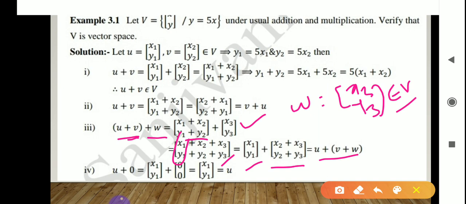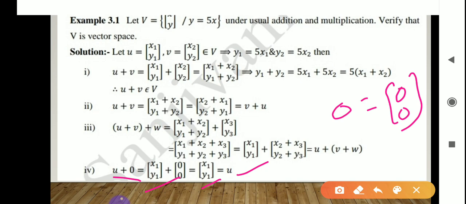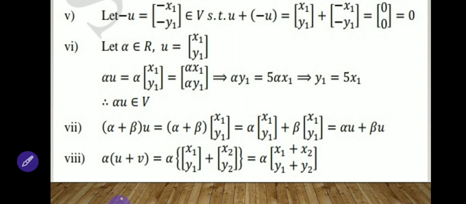Then the next one: suppose 0 is the zero matrix and u belongs to V. Then u plus 0, that is (x1, y1) plus (0, 0), is equal to (x1, y1), which equals u. Then property number 5 is the inverse property.